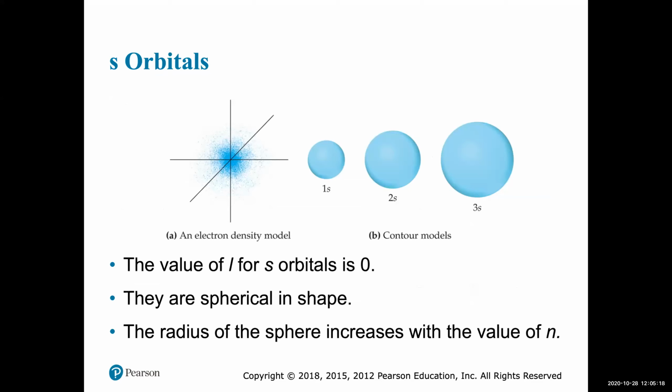Let's take a little bit of time looking at the shapes of these. So s orbitals, and once again, you'll get a better picture of this in the lab this week. S orbitals are spherical in shape. As you see, as you go from 1s, 2s, 3s, they get bigger. That size increases.